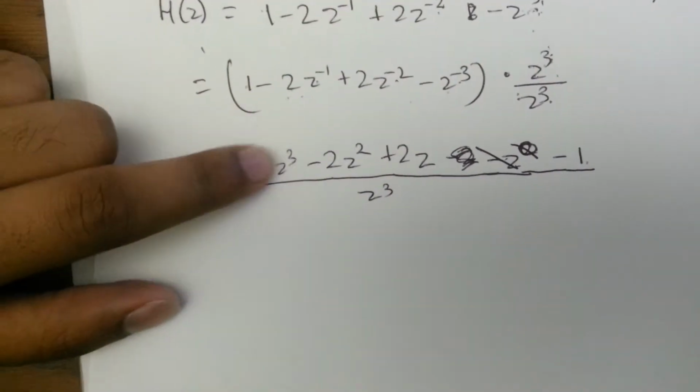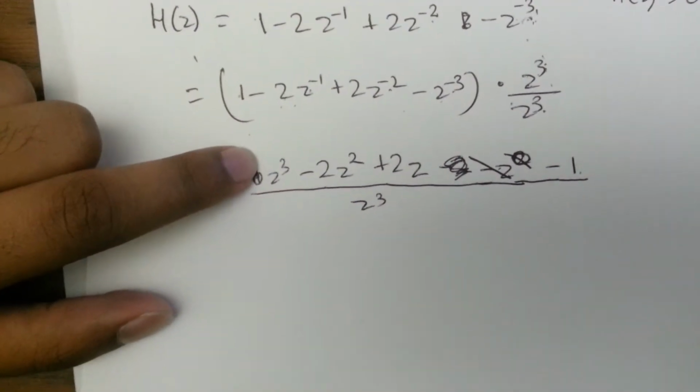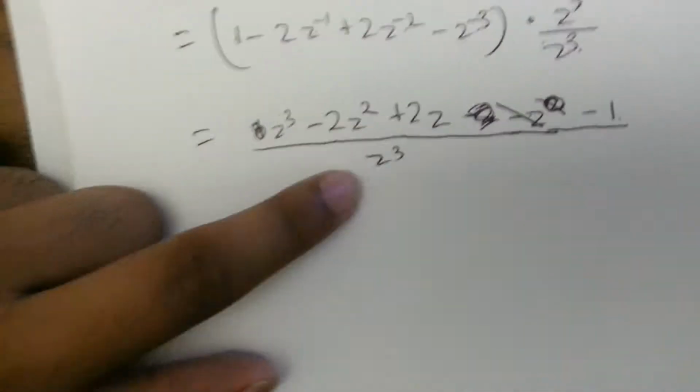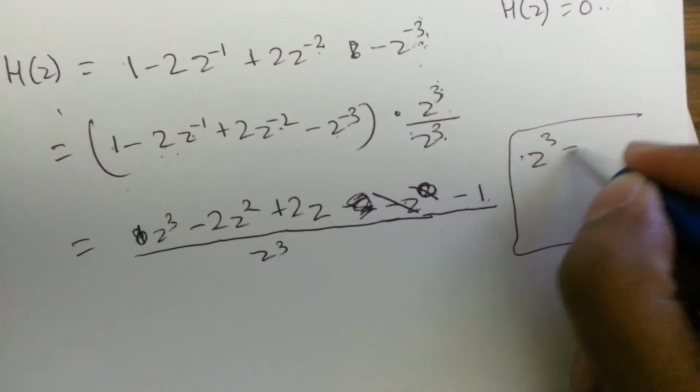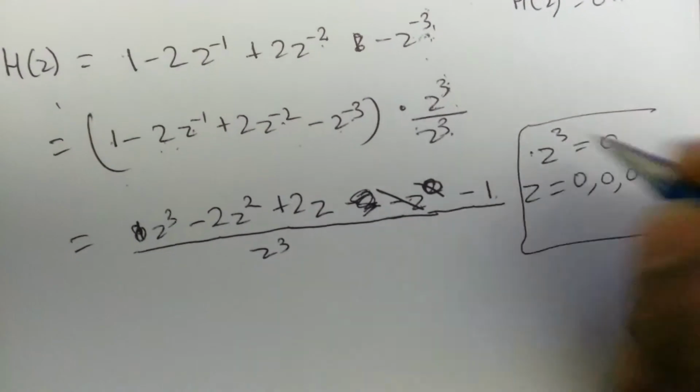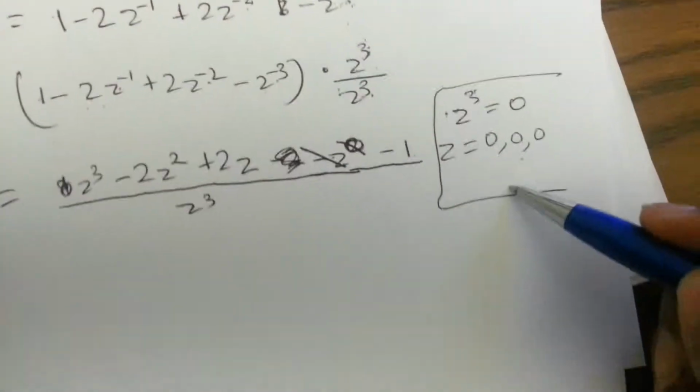Just by looking at this, we can tell we need to set the numerator to 0 and the denominator to 0. The denominator is kind of simple. We have z cubed equals 0. If we do this on the side, z cubed equals 0 gives us 0, 0, and 0. Since it's raised to the power 3, we will get 3 values.